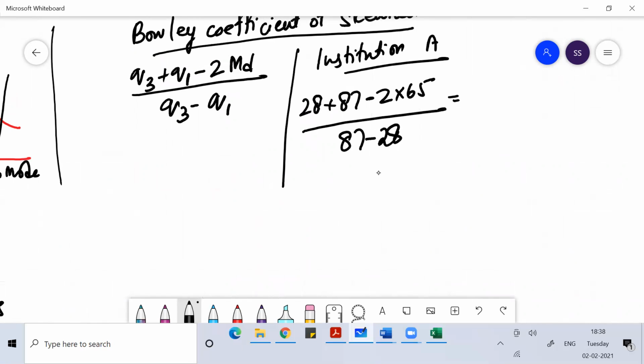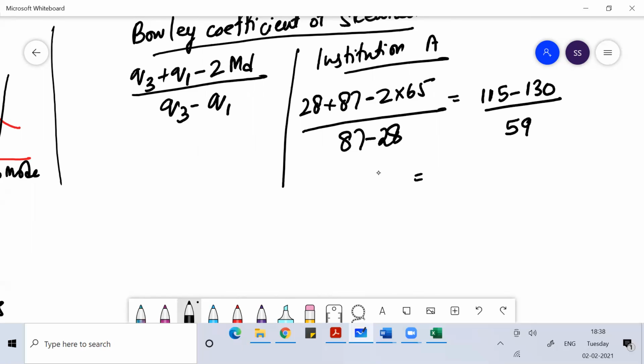What is 28 plus 87? That is 115. 2 times 65 is 130. Then Q3 minus Q1, 87 minus 28, you will get 59.